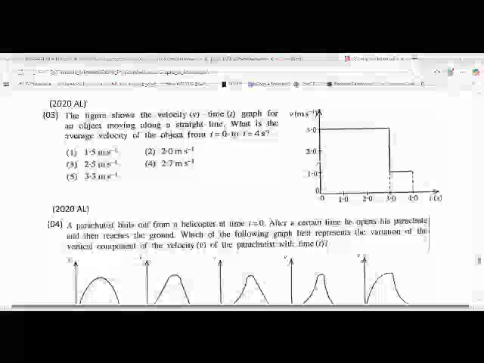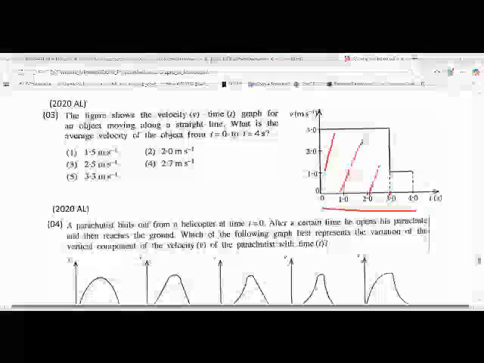Velocity equals displacement over time. Let's consider until 3 seconds. Time is 3 seconds. Time is 4 seconds in total. The challenge is you have to find the whole displacement. How do you find the whole displacement?